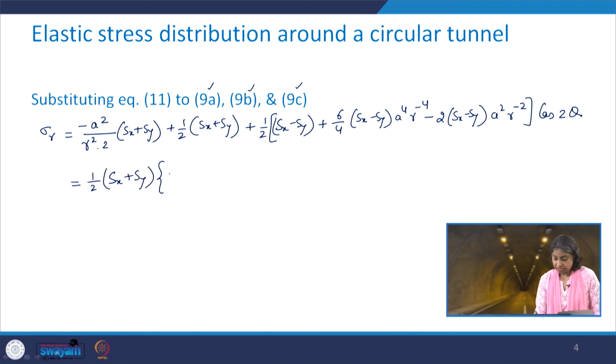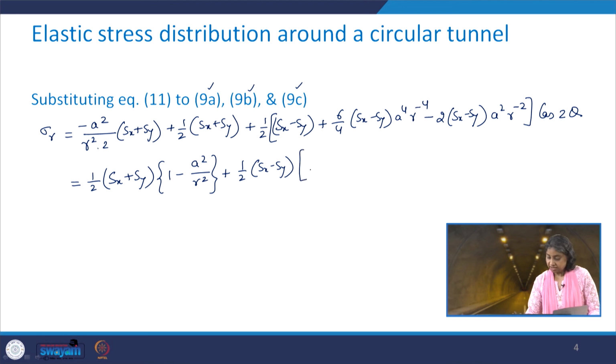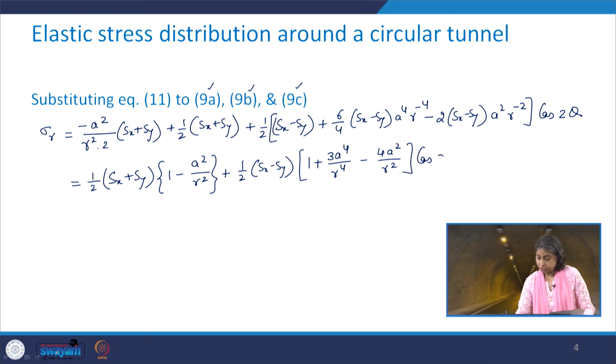So, we are going to get 1 minus a square upon r square, and then here you take half sx minus sy common, and what you will get is 1 plus a to the power 4 upon r to the power 4 minus 4 a square upon r square into cos of 2 theta. I will mark this equation as equation 12a.